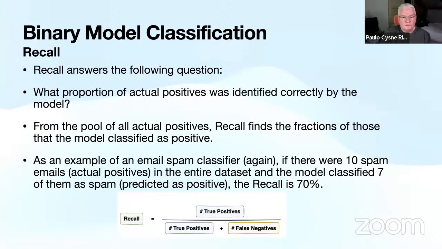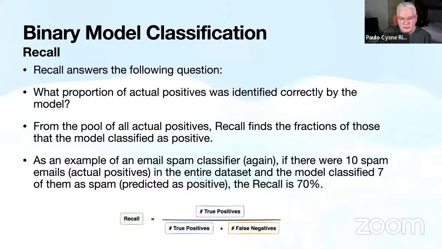Now we're going to go over to recall. Recall answers a different question. What proportion of the actual positives was identified correctly by the model? So now, instead of looking at all the positives that the model classified, I'm looking just at the true positives.